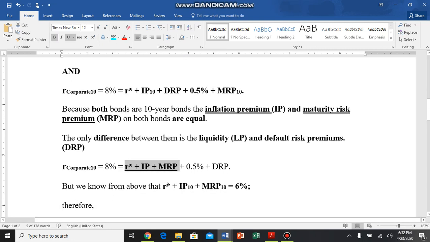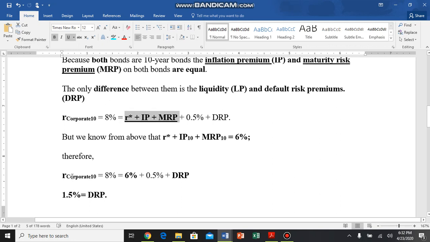So, because we know that from above, we can say that the rate for the corporate bond is equal to 8%, as we know. That is equal to the first part, 6%, plus 0.5, that is the liquidity premium, plus the DRP, the default risk premium. Just by replacing this and calculating, basically the 8%, putting them here.